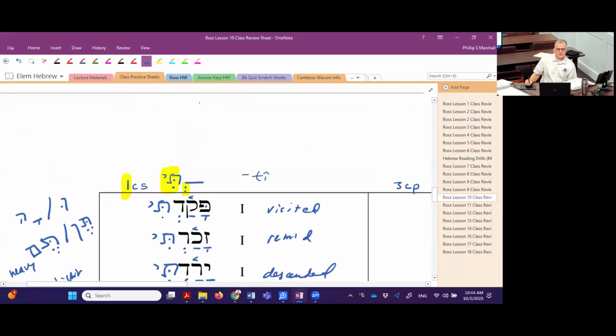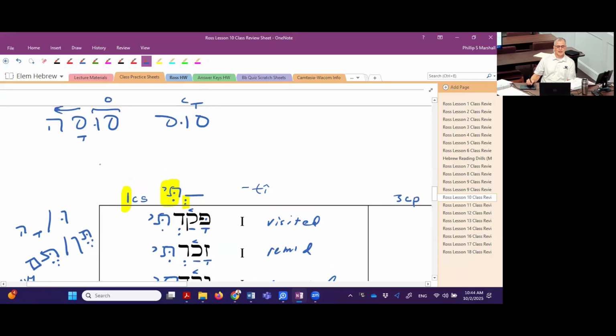Let me remind you, we have the word sus, right? That's closed and tonic. I only have one vowel, the shureq, and it is stressed. But what happens when I talk about a female horse? If I add the vocalic ending ah, with the qamets, this is now an open syllable. Where's the stress going to be?